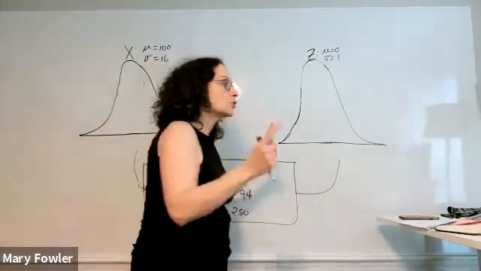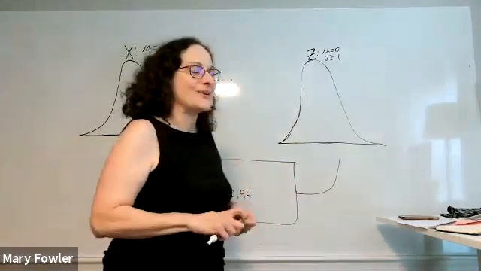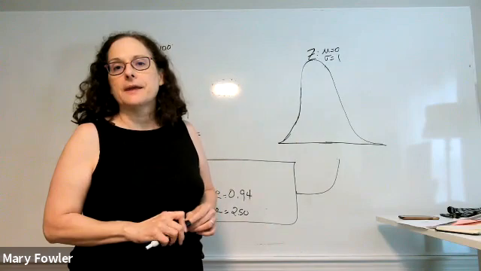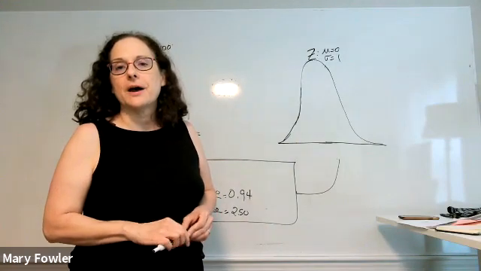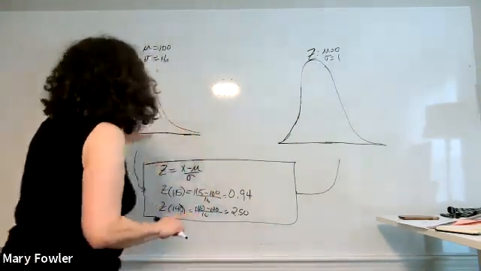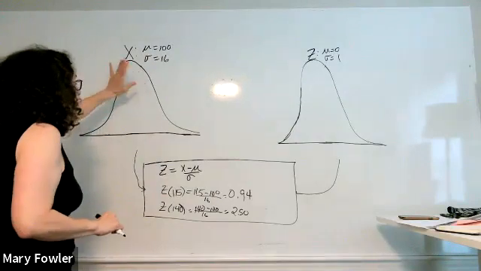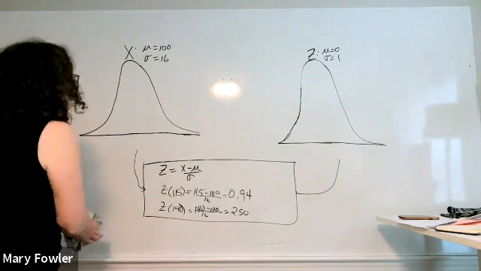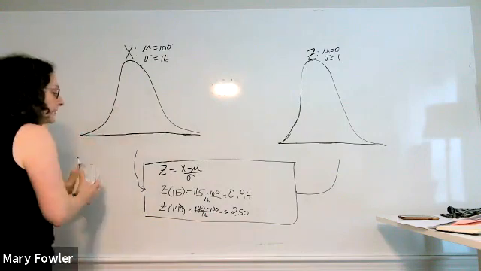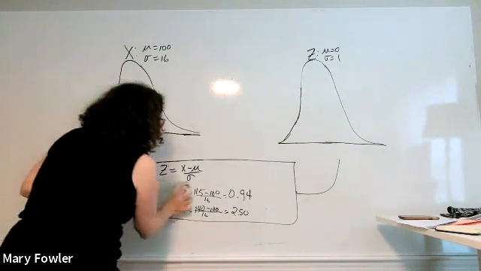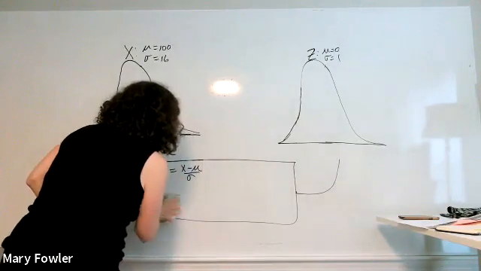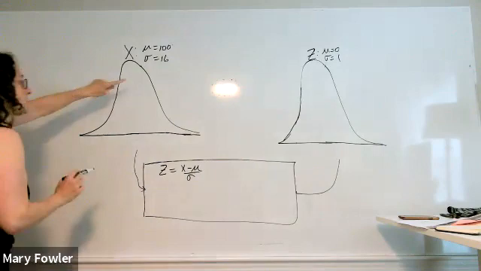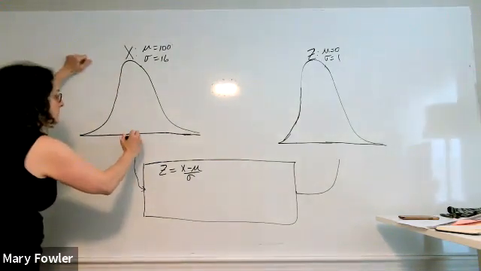I believe we worked in a previous video or in class where we found that the exact value was 0.9544. So we want to find the area for the 2 standard deviation interval. Let's figure out what that interval is.